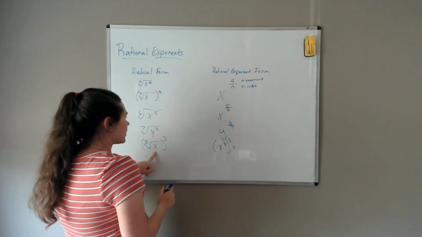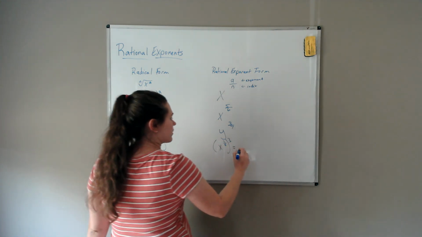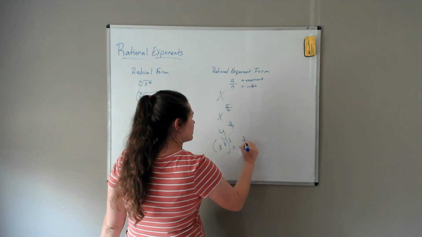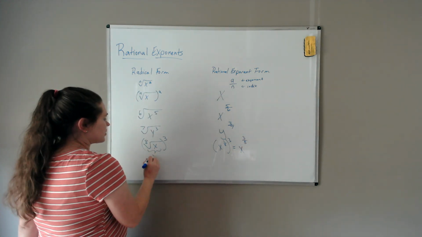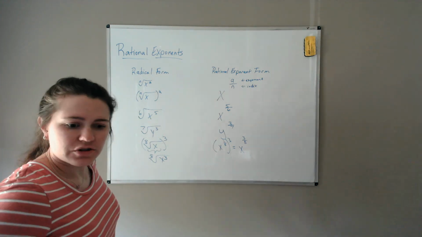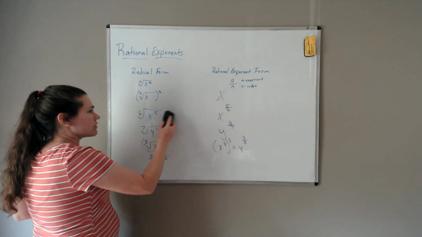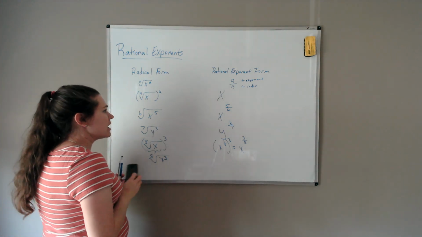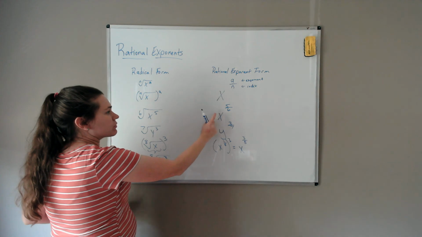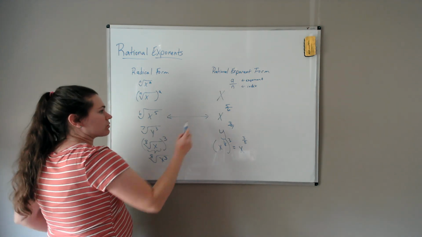If I change this to a rational exponent and now I have it to the third, that would give me x to the 3/8, which would be the same as the eighth root of x to the third. Let's do a few more of these just to introduce the change. These are equivalent expressions. Every radical form has an equivalent rational exponent form, and every rational exponent can be written as a radical.